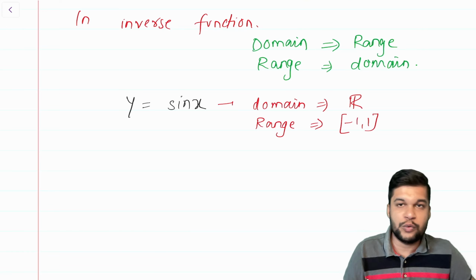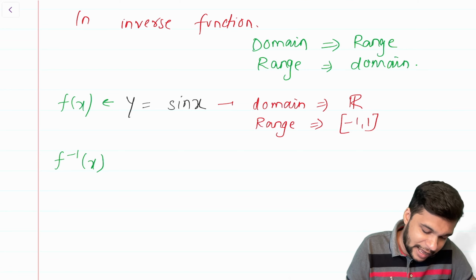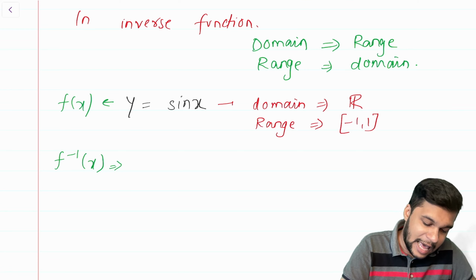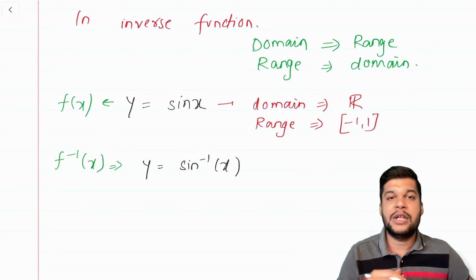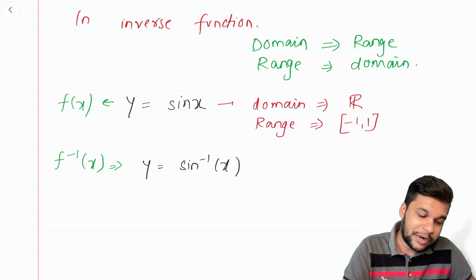Now what is the inverse? This is your f(x). What is your f inverse of x, guys? F inverse of x becomes y equal to sin inverse of x. So the inverse of sin x is sin inverse x, right? What will be the domain of this function now?